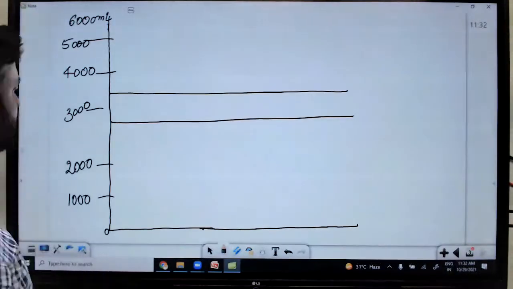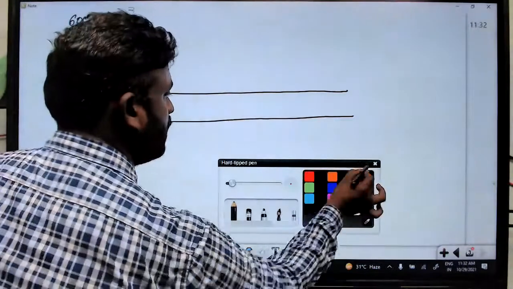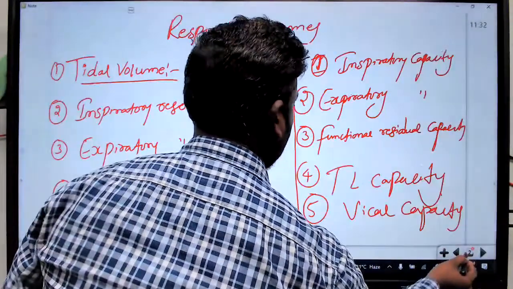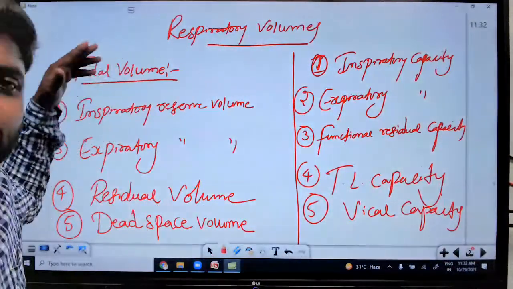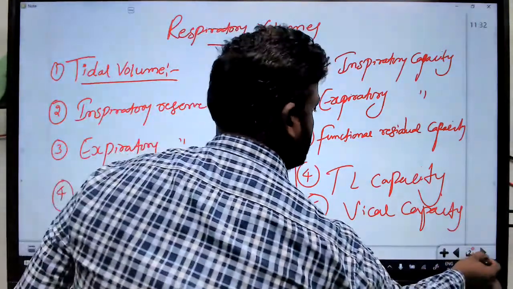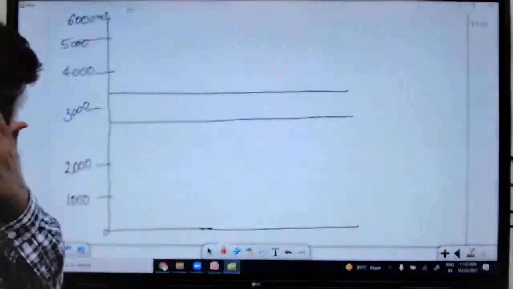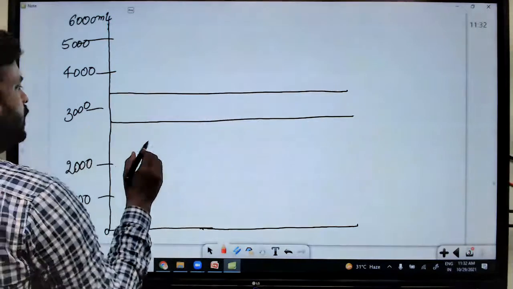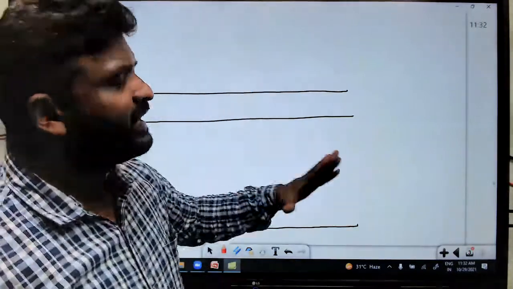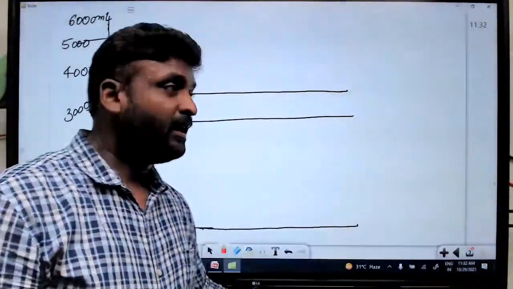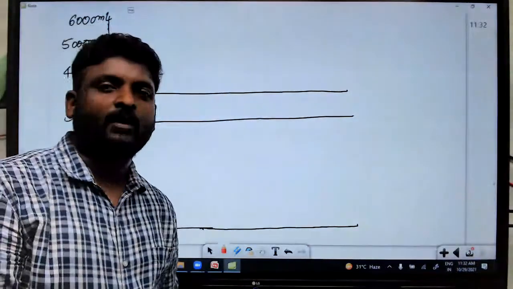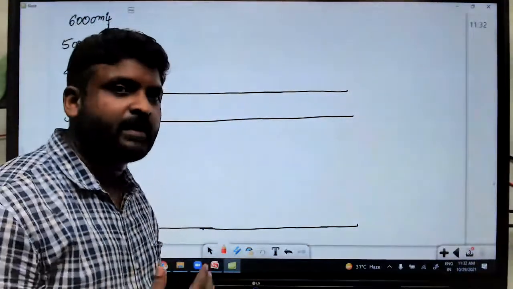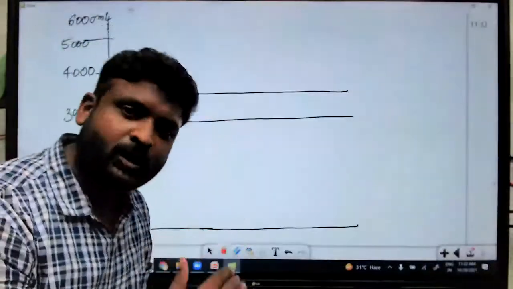So here, first one we have discussed. What is the volume? Tidal volume. So I'm going to tell you now what the tidal volume is. Listen to me here. It's always a graph, and it's always showing a wave, either upward or downward.